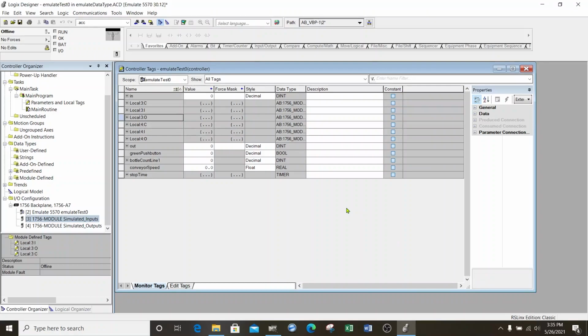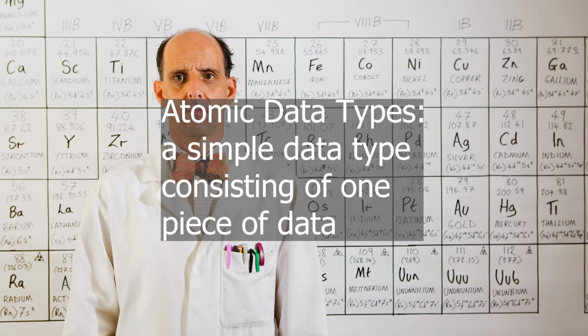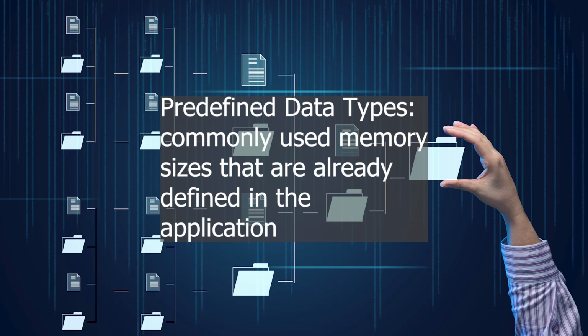This brings us to a distinction that some people find important. It's the distinction between atomic data types and predefined data types. Your atomic data types are going to be like your Booleans, your short integers. I always get that wrong. Your normal ints, dints, and real. And an atomic data type is a simple data type consisting of one piece of data. However, predefined data types are commonly used memory sizes that are already defined in the Studio 5000 Logix Designer application.